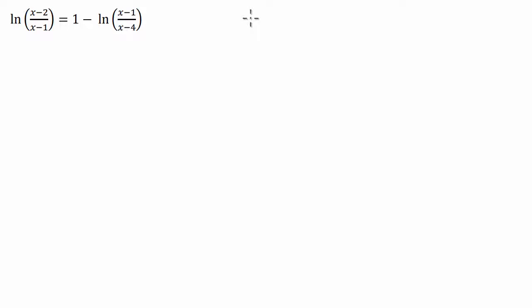Let's get started. Like we do with most algebra questions, I'm going to take all the x variables to one side. So I'm going to add the natural log of (x take 1) on (x take 4) to the left hand side.